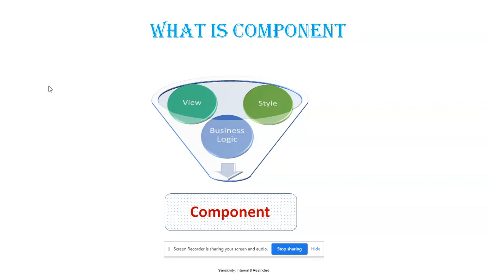View is nothing but our HTML page. So finally, a component is the combination of three things, nothing but your view plus style plus TypeScript, your business logic. The end combination of these three, I will say, is a component in Angular.